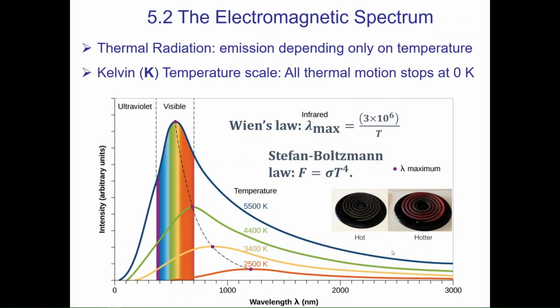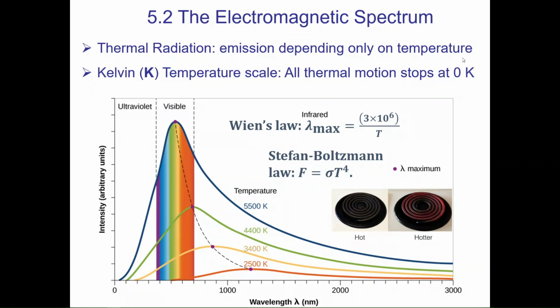Now let's take a look at why stars are able to emit a lot of light. Where does this light come from? The light a star emits we call thermal radiation. That is radiation whose emission depends only on the temperature. That also means the hotter the star, the more light it emits.